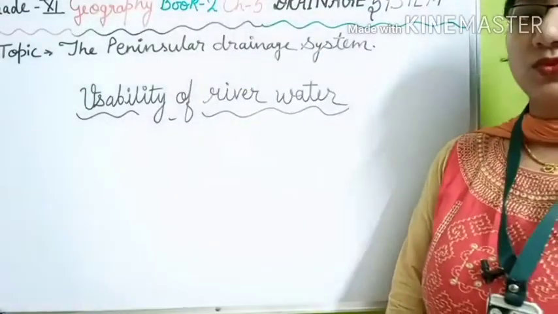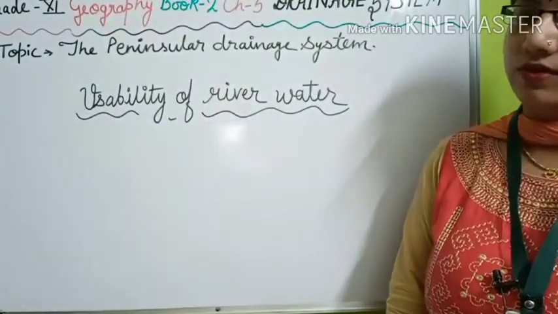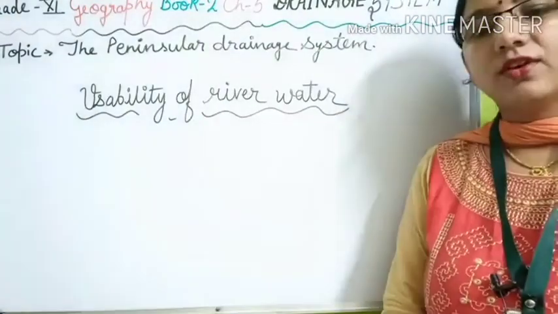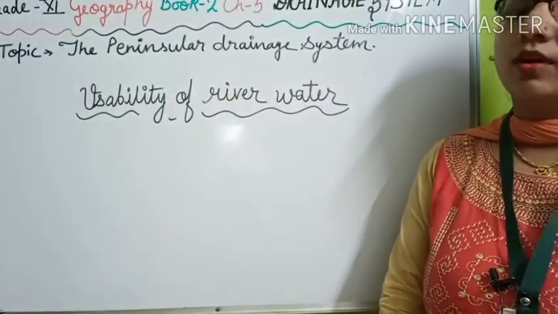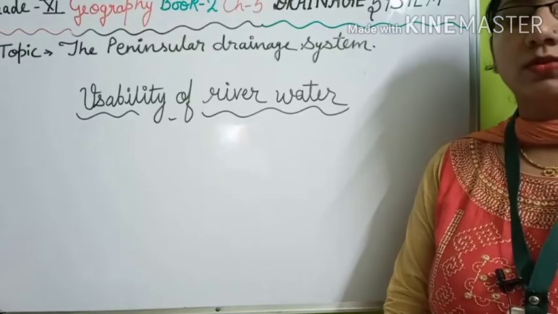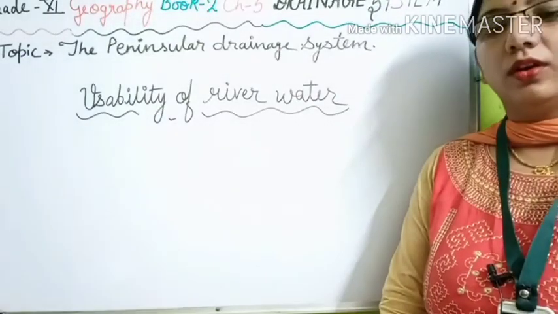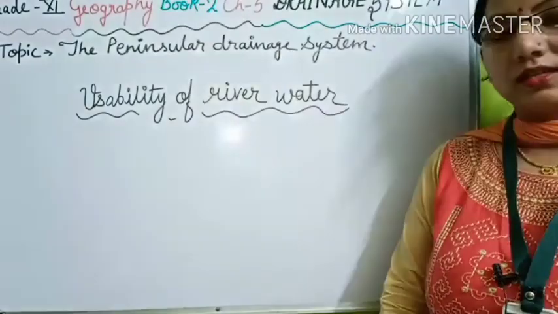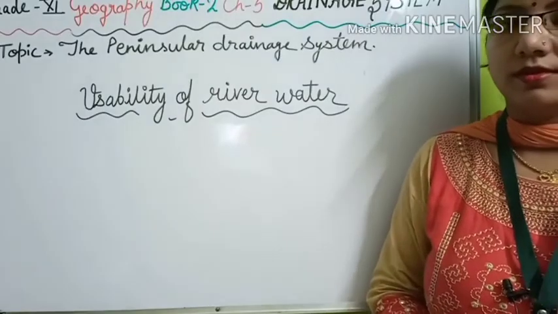Now let's move to our last topic, that is usability of river water. The rivers of India carry a huge volume of water, but it is unevenly distributed. So its use needs to be extended on a larger scale, through measures such as number 1, the construction of dams.